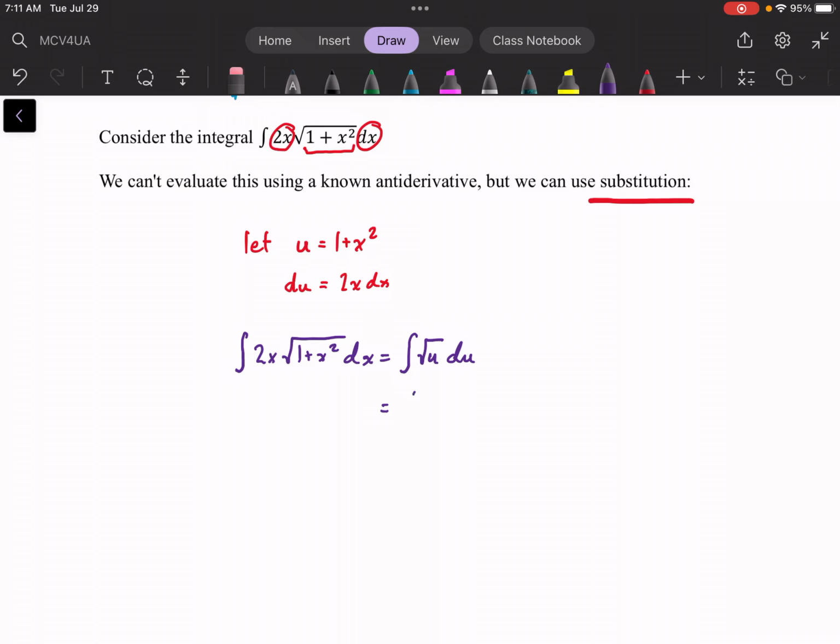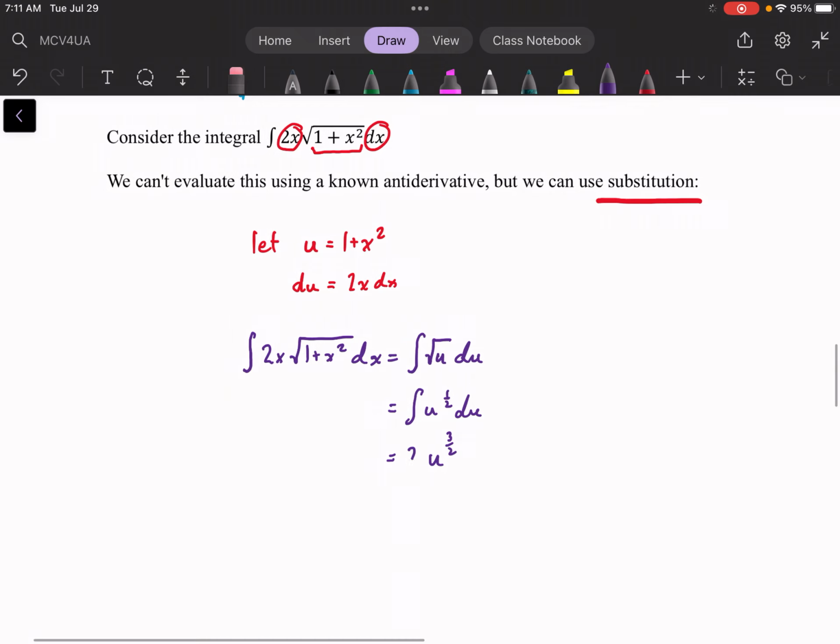This, we can work out the antiderivative easier, because this is just u to the half du. So the antiderivative of that, well, the exponent would have been 3 over 2, but I don't have a 3 over 2 in my integral, so I must have multiplied by 2/3 plus c.